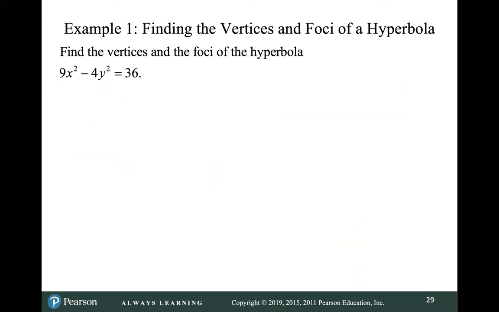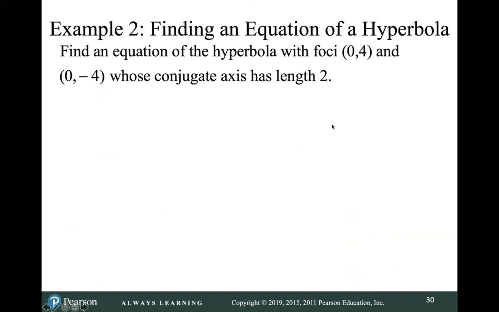Let's take a look at another example. In this example, I'm given some critical values and I want to find the equation. So it's backwards from what we just did. Find the equation of the hyperbola with foci, so that means my C value is coming from there, of (0, 4) and (0, -4), whose conjugate axis length, that was the minor axis, has a length of 2.